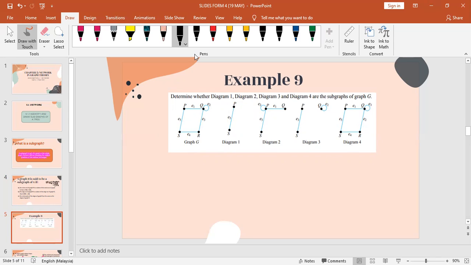So, kita kena determine whether diagram 1, diagram 2, diagram 3 and diagram 4 ni betul ke dia subgraph dengan graph G. Okay, for diagram 1.